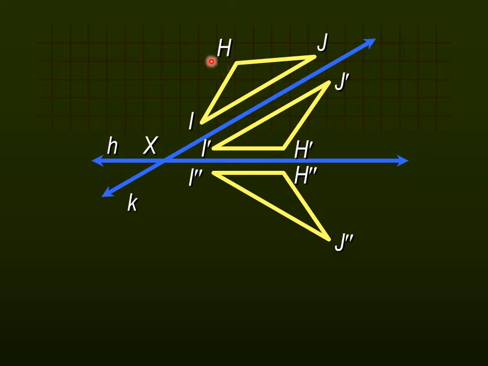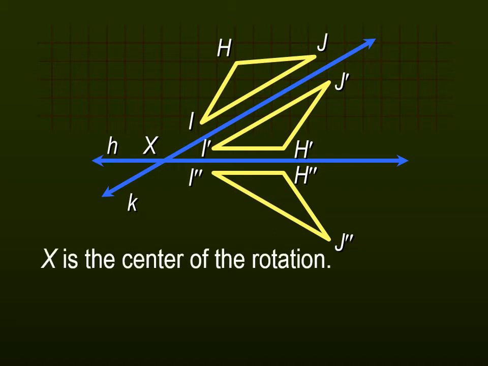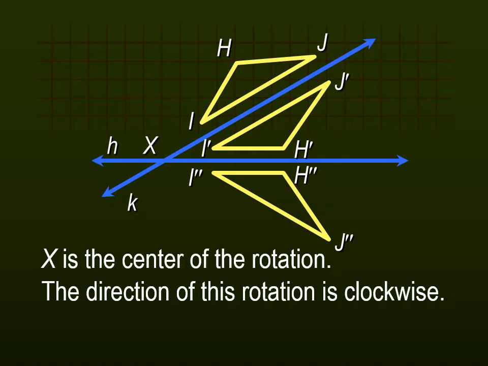So notice we just took this pre-image and we rotated it clockwise to its new image. Okay, so that X where the two lines of reflection intersect is called the center of the rotation, right? That's where you are kind of grabbing it from and then moving it from that spot. And I did say that the direction of this rotation is clockwise.